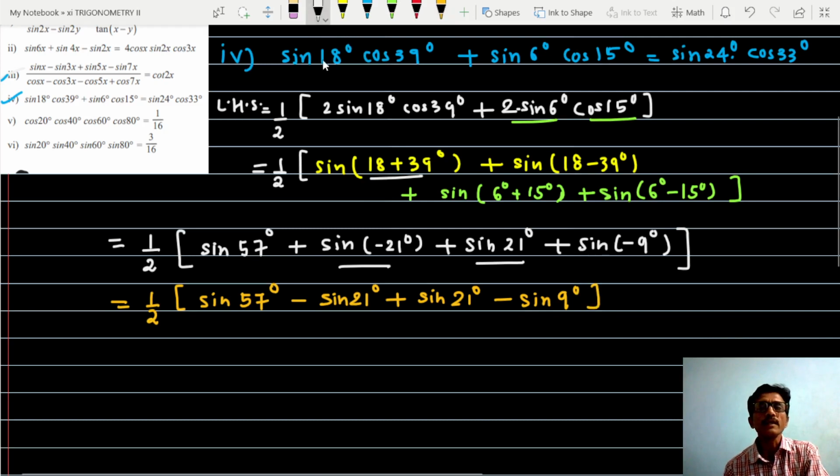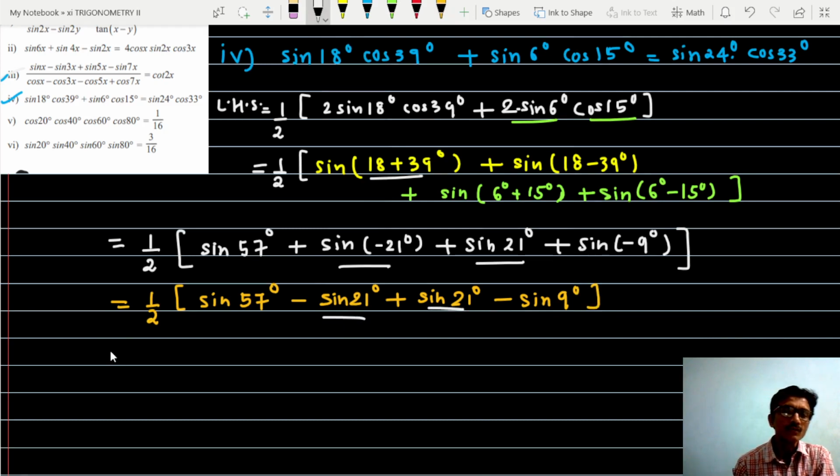So this is getting cancelled, this sine 21 and this sine 21. So what is remaining over there? 1/2 into sine of 57 degree minus sine of 9 degree.